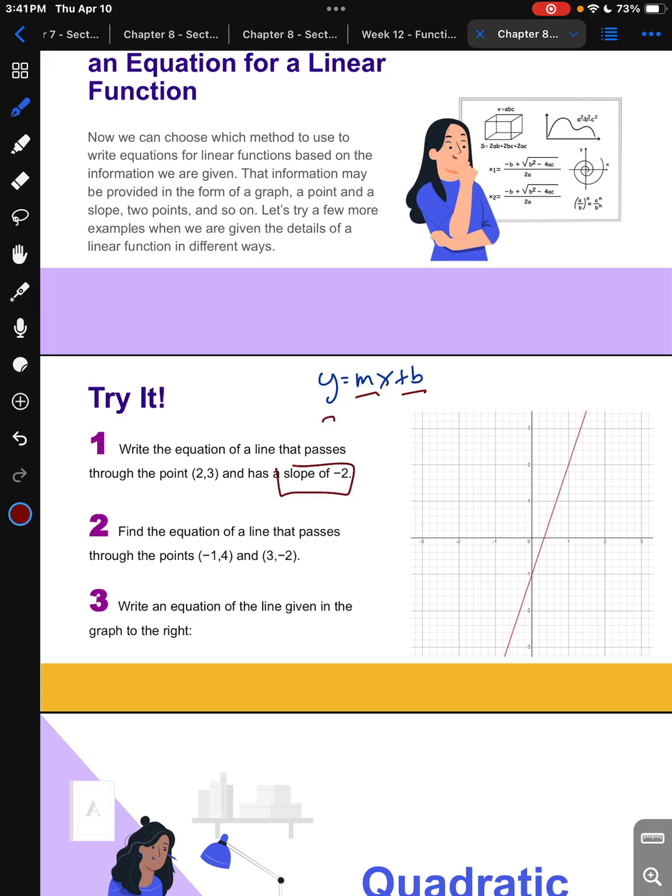So I'm going to do 3 equals negative 2 times 2 plus b. So 3 is equal to negative 4 plus b. So add 4. So 7 equals b. So this is x and this is y. And notice how I just plug things in. So my equation is going to be negative 2x plus 7.